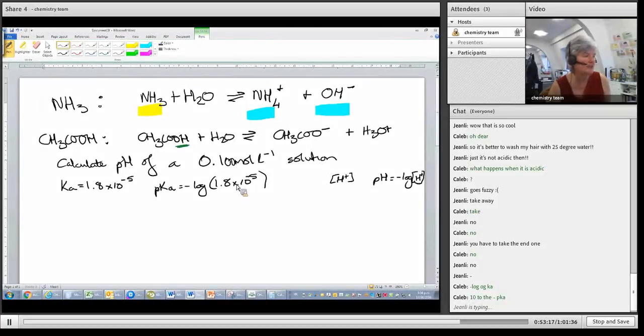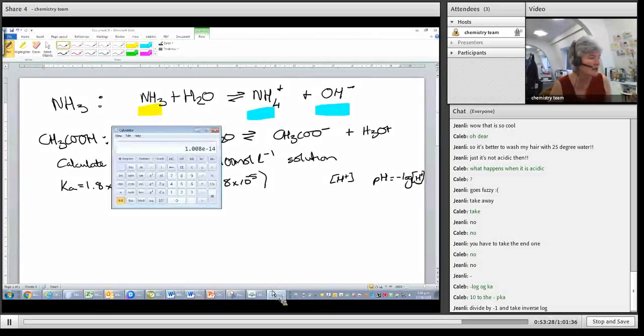So if I have this and I was just doing the 1.8, I'm going to calculate first the pKa: 1.8 exponential 5 minus, and log, and then I have to take the negative of it, so it's 4.74. So that's then equal to 4.74.